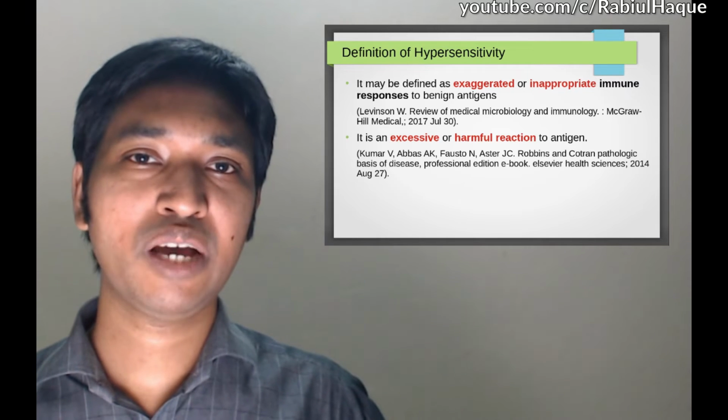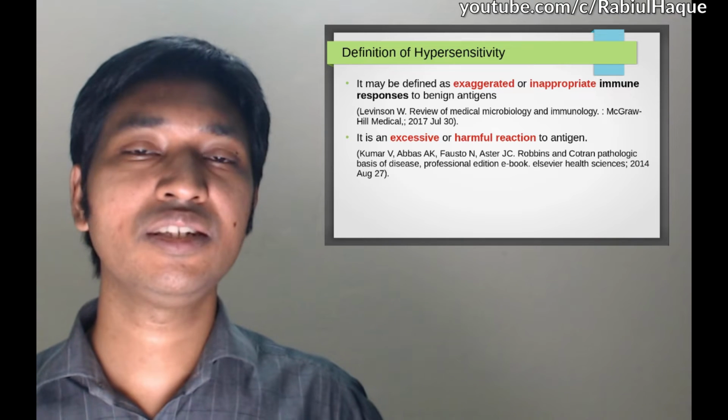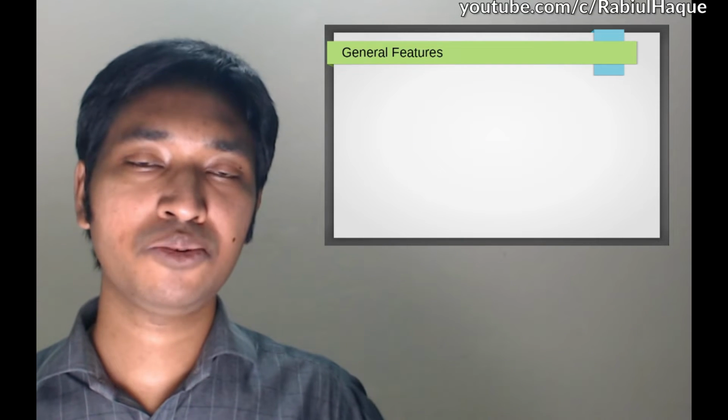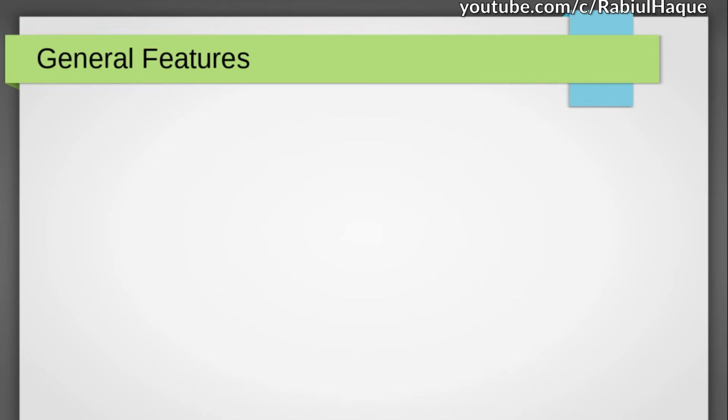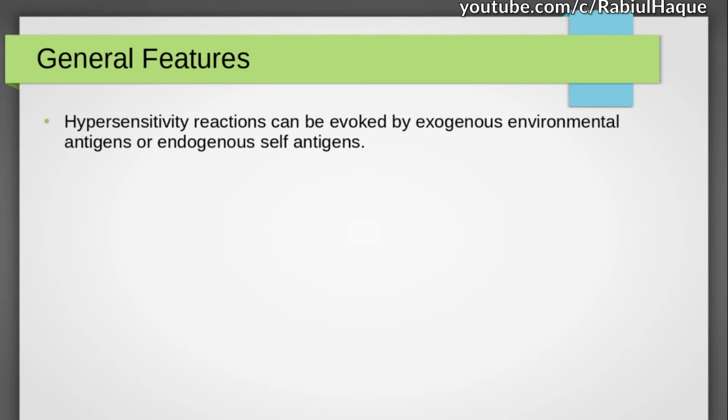So now that we have defined hypersensitivity, let's move on and talk about the general features. We have already talked about the first point. Hypersensitivity reaction can be evoked by exogenous environmental antigens or by endogenous self-antigens.